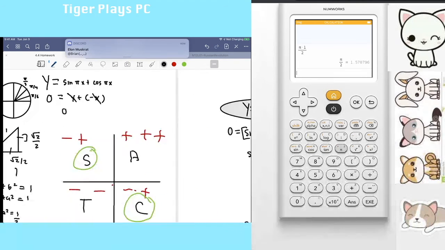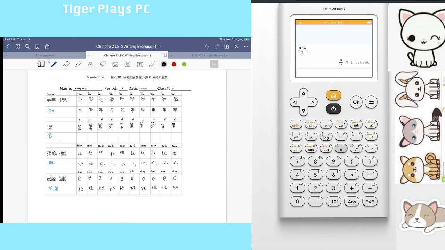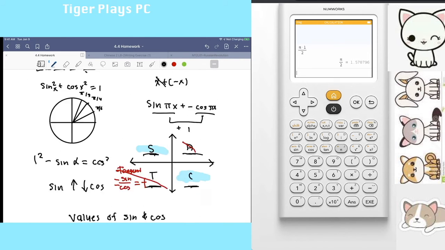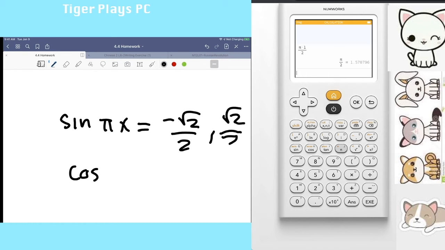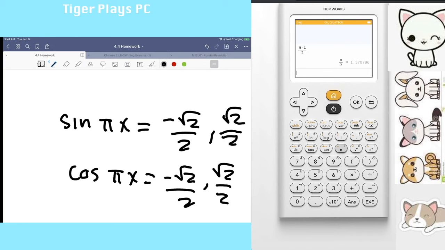So now we can set each one to sine and cosine, right? Alright, so let's say sine of pi x equals negative radical 2 over 2, or radical 2 over 2, and we can say the same thing for cosine. Right?